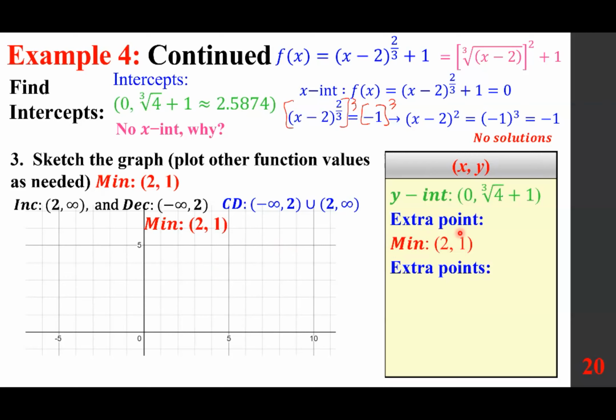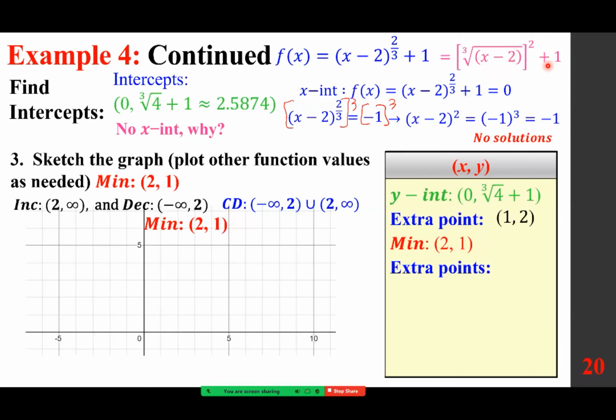So if, for example, I pick 1, I get -2. 1 minus 2 is -1. Cube root is -1, squared is 1, and 1 is 2. So 1 gives me 2. Let me pick another easy point, 3. 3 minus 2 is 1. Cube root of it is 1. Squared is 1. 1 and 1 is 2. 3 comma 2.